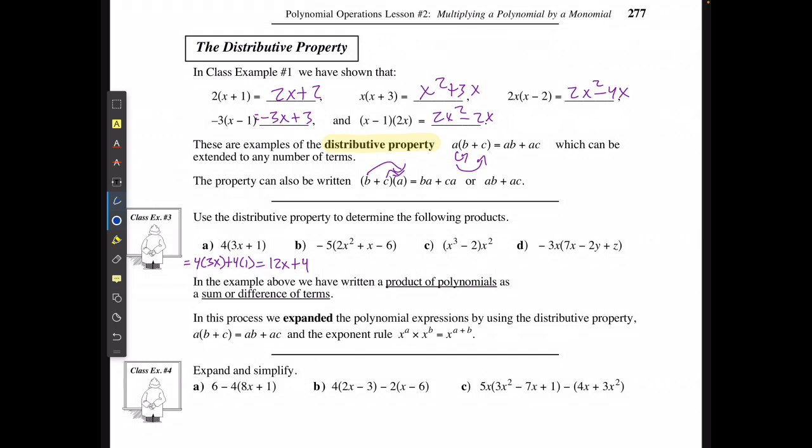If I do the same thing for b, I'm going to take that negative 5 and multiply it by all 3 of the terms here. Negative 5 times 2x squared is going to be negative 10x squared. Negative 5 times x is negative 5x, and negative 5 and negative 6 makes positive 30.